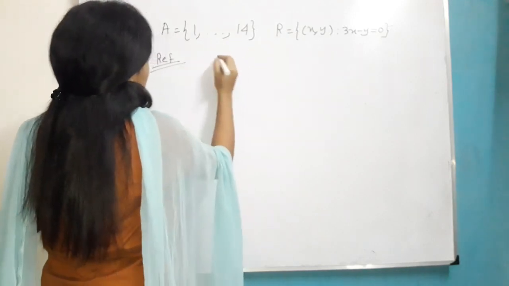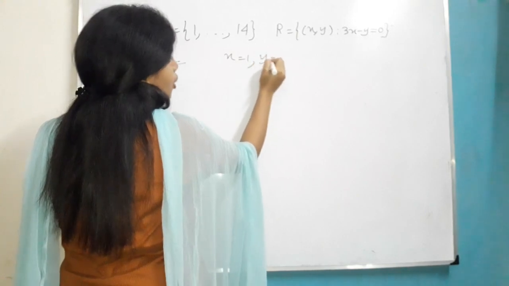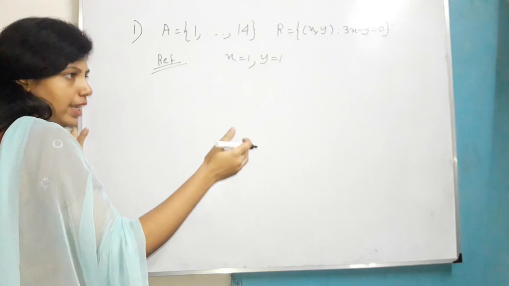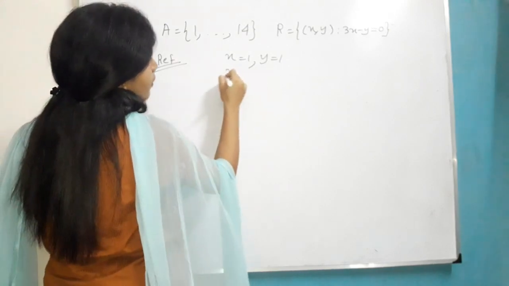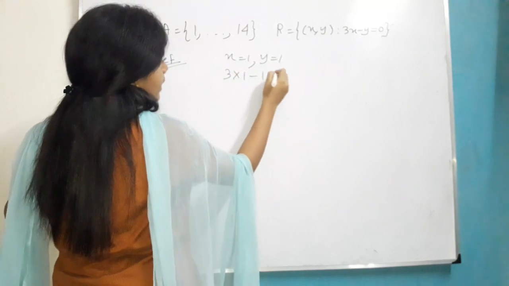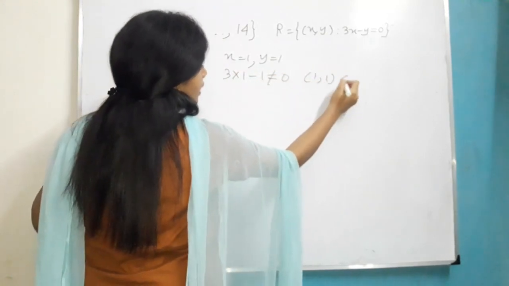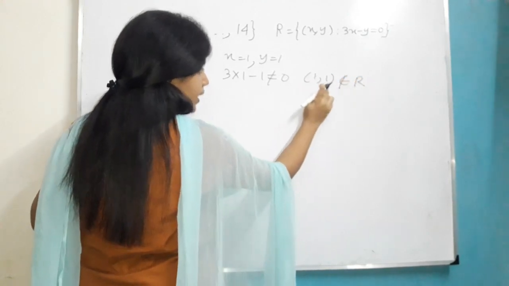So if I take 1, meaning x equals 1, then y will also be 1, because in case of reflexive it was self to self, meaning both elements will be the same here. So if I replace the values, it is not equal to 0. That means (1, 1) does not belong to R. 1 1 means x is 1, y is 1.